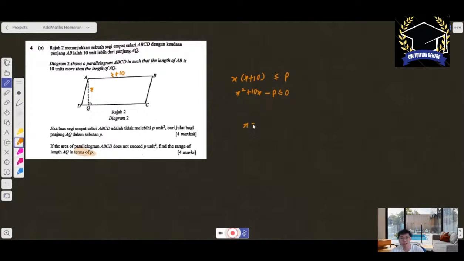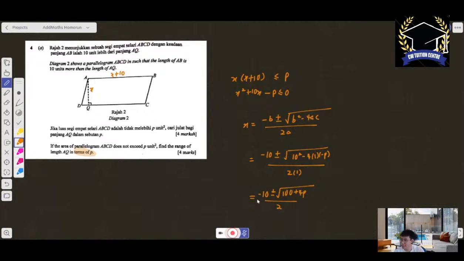So how do we find the range? First, we use the quadratic formula: negative b plus minus the square root of b squared minus 4ac, over 2a. So we put in the values: negative 10 plus minus, I use my calculator, 100 plus 4P, over 2.